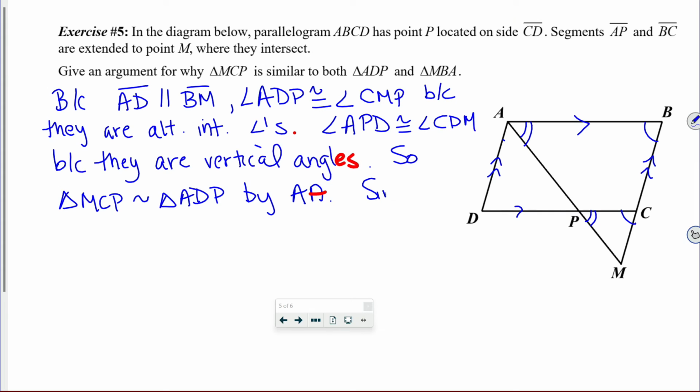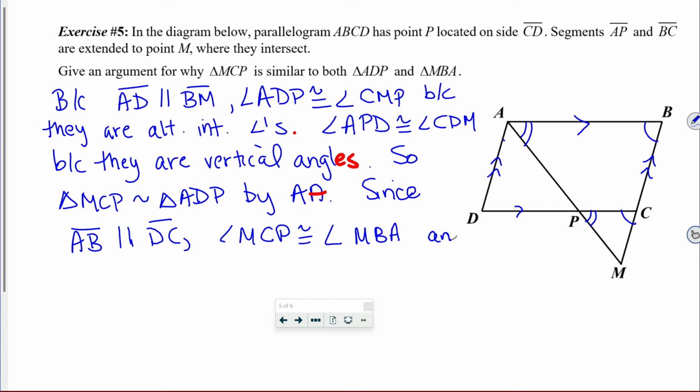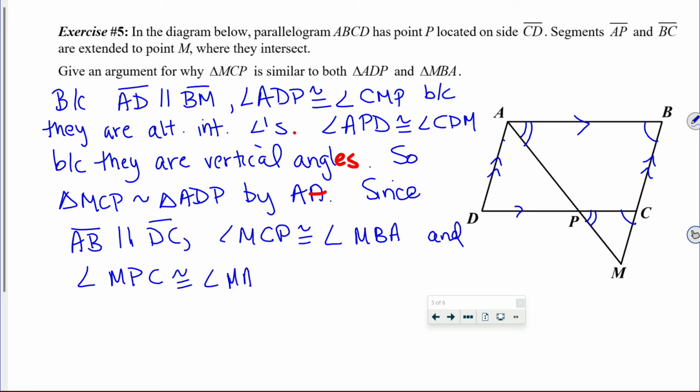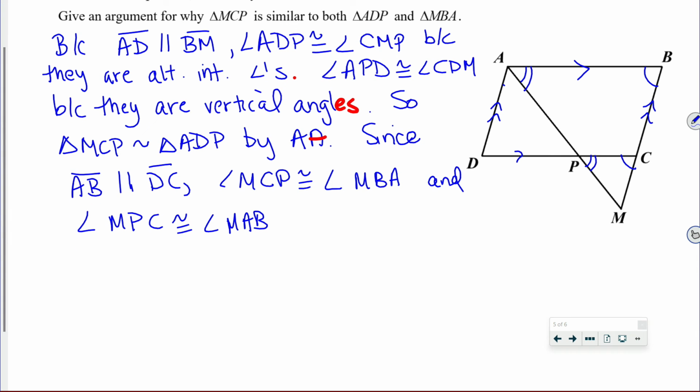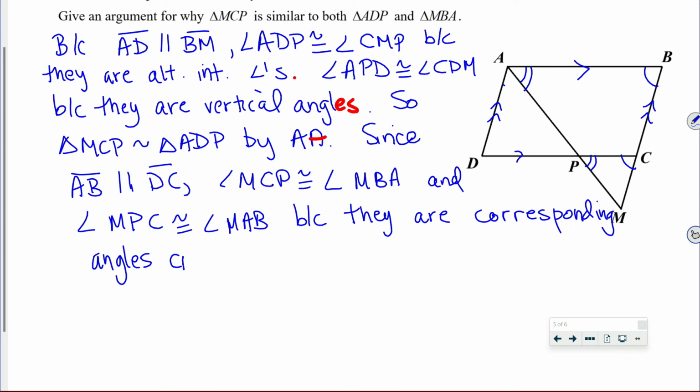So I'm going to say, since AB is parallel to DC, I can say that angle MCP is congruent to angle MBA, and angle MPC is congruent to angle MAB, because they are corresponding angles created by parallel lines.